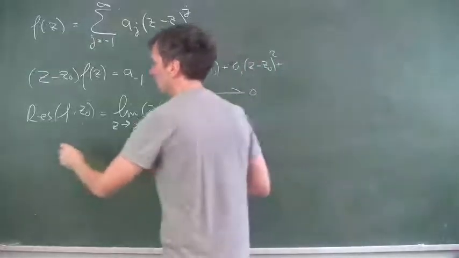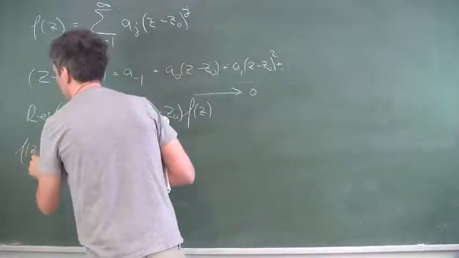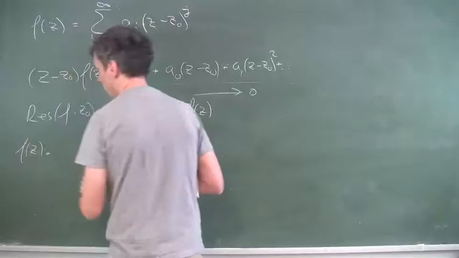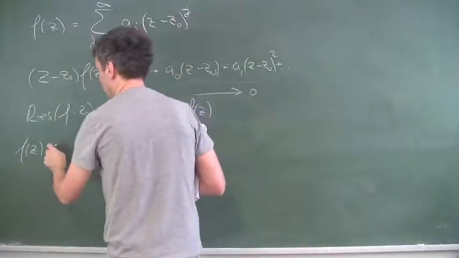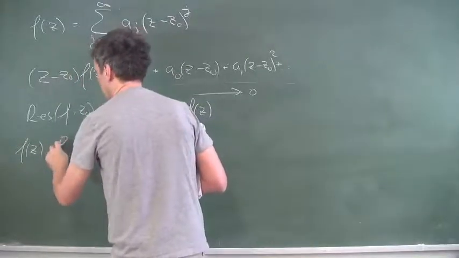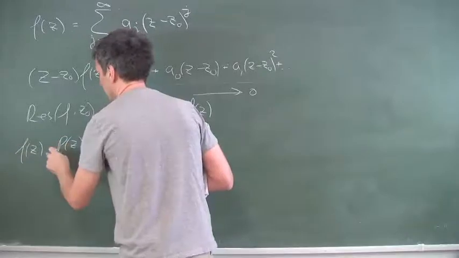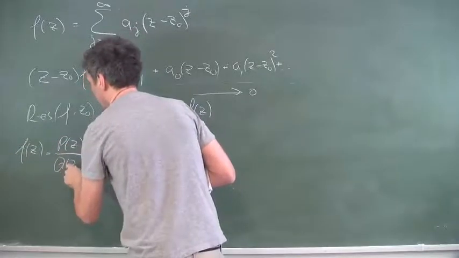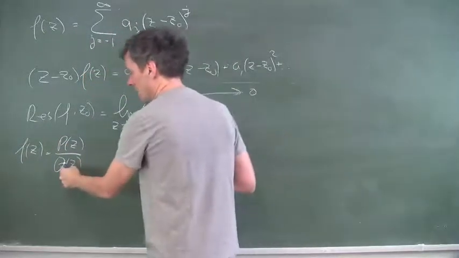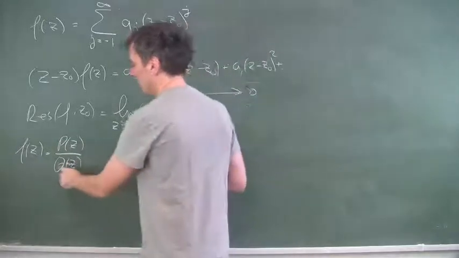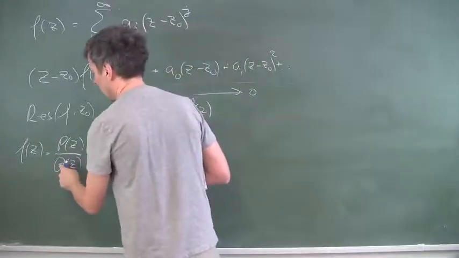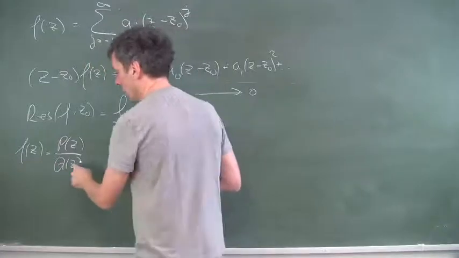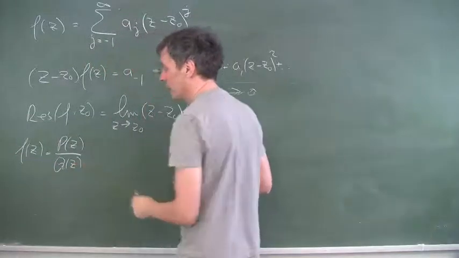In particular, if the function f(z) is a quotient of two functions, let's say the quotient of P(z) and Q(z), and suppose that Q has a zero of order 1 at the point z0.